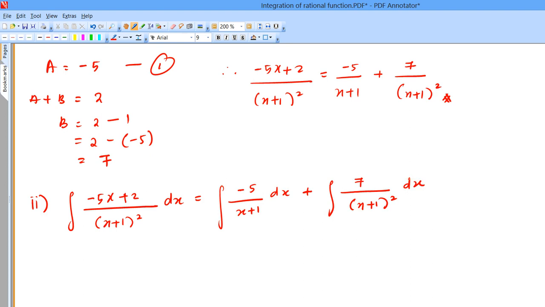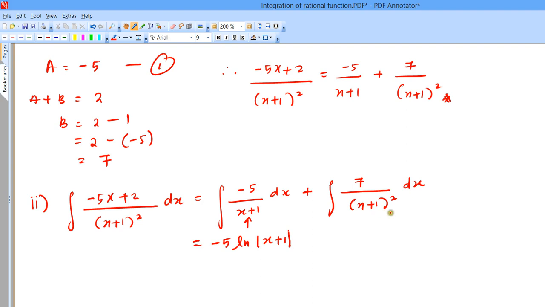And then we can integrate term by term. For the first term, since the denominator is linear, we get negative 5 ln x plus 1.